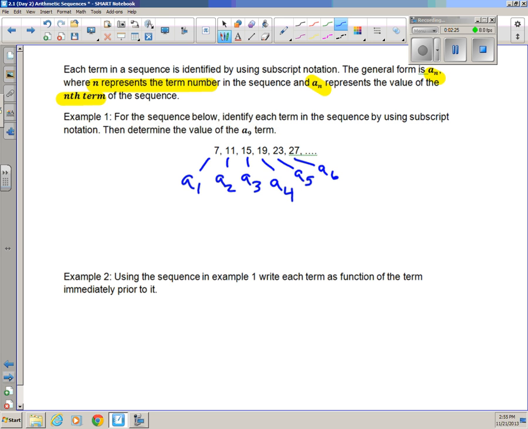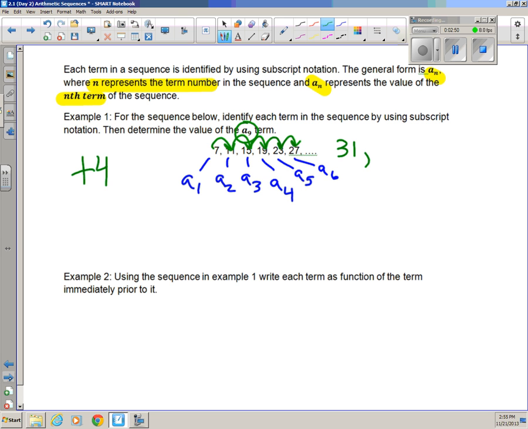You can see, hopefully pretty easily, that as you go from term to term, all I'm doing is increasing by 4. So it should be pretty easy to find the next 3 terms. I just want to get out to A sub 9, the value of the 9th term. If I add 4 more to 27, I get 31.